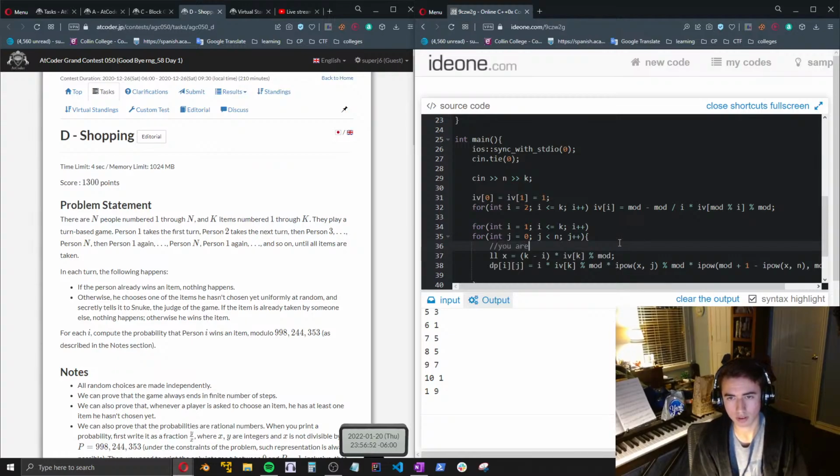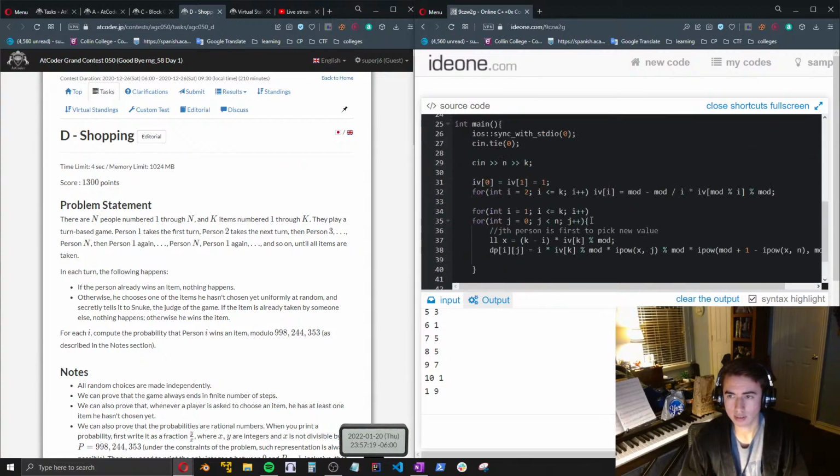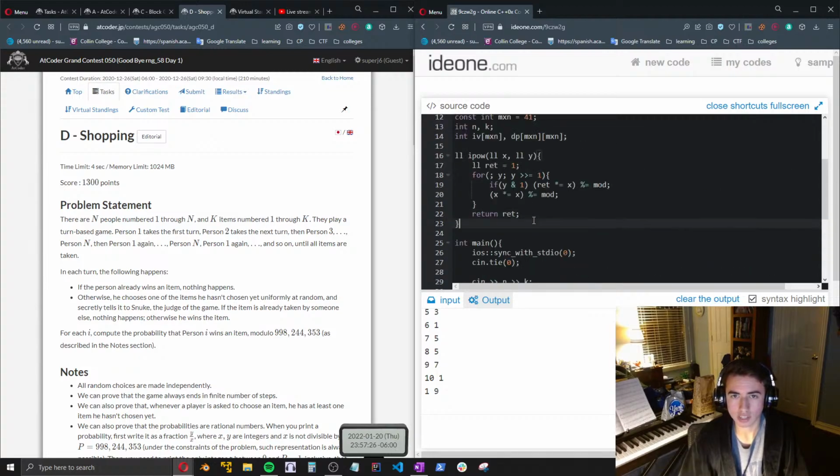The eighth person is supposed to... otherwise, well, okay, let's make this its own function, because we'll need to calculate this one.